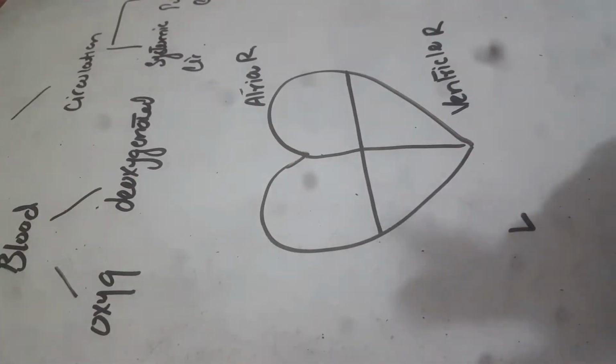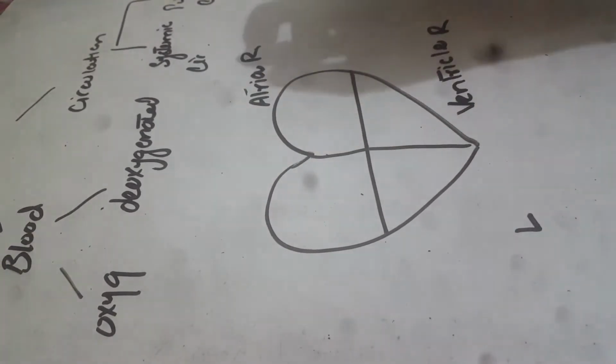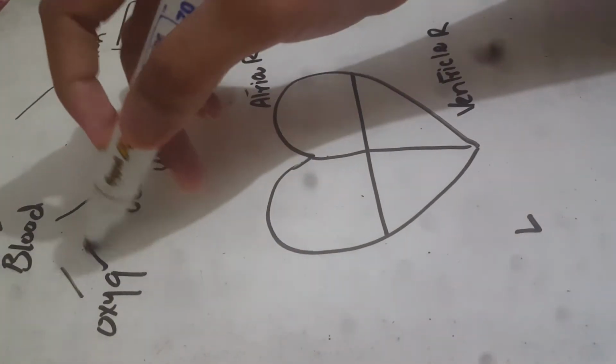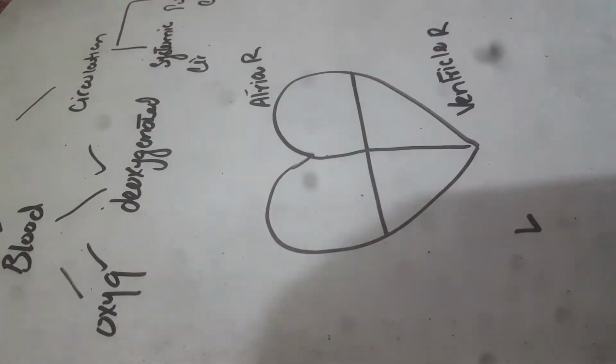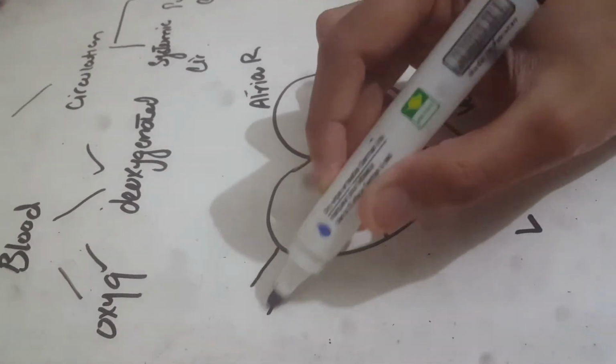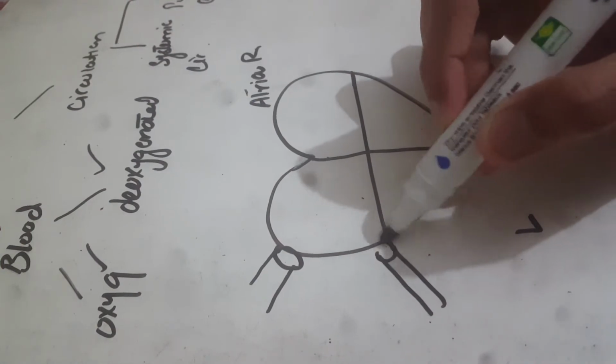So now we have blood. Just keep in mind that both oxygenated and deoxygenated blood are present in the heart at the same time. First of all, we have the superior vena cava, and here we have the inferior vena cava.